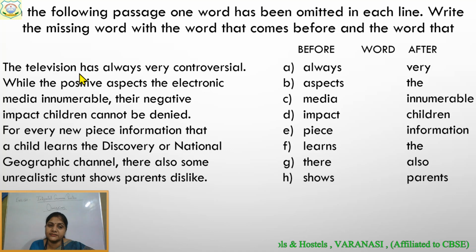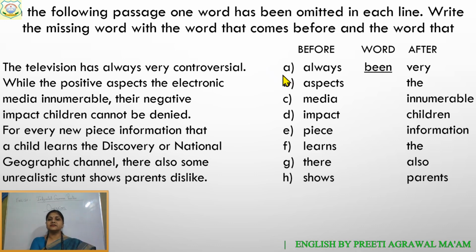Has is your tense, but there is some missing word. What can be here? Just see the answer. Have you got it? So we have got our answer A, been. The television has always been very controversial.